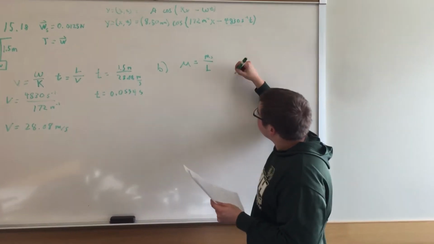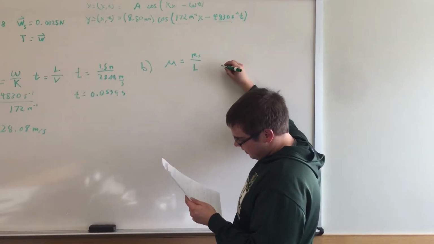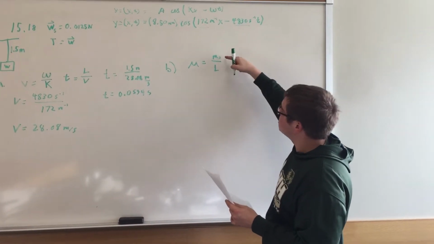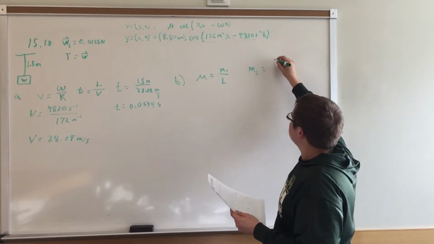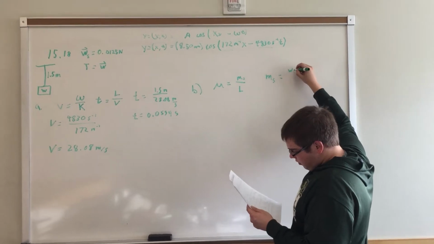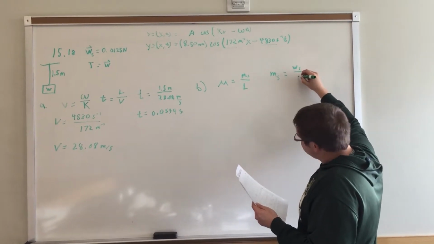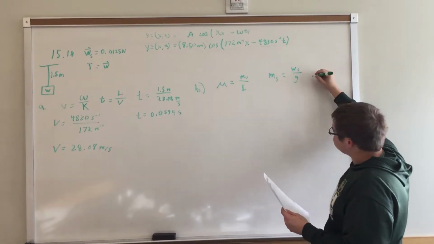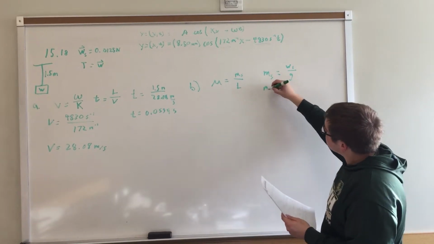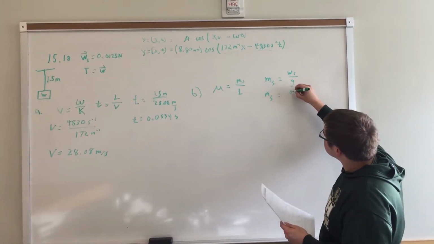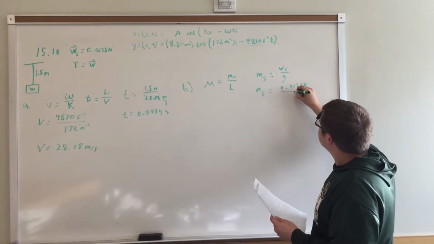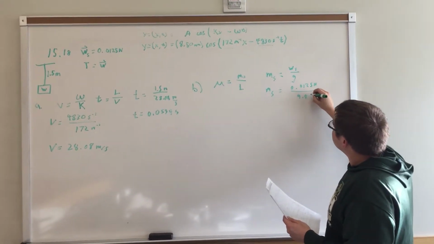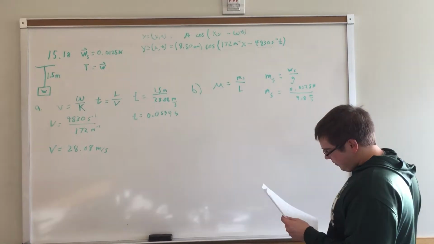Solving for the mass of the string, we know the mass of the string equals the weight of the string over gravity. So we get the mass of the string equals 0.0125 newtons over 9.8 meters per second squared.